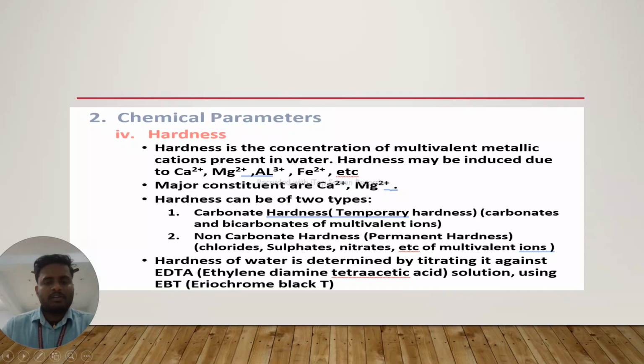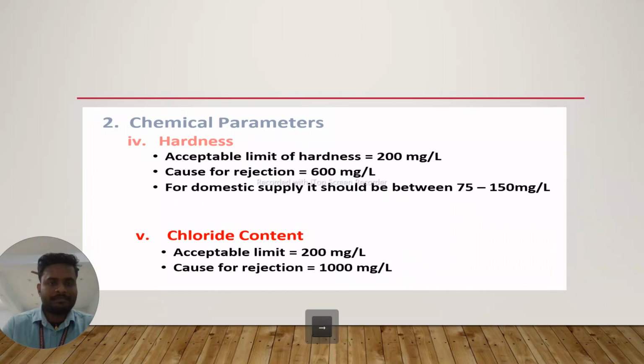Hardness of water is determined by titrating against EDTA. This is the most important. What is EDTA? EDTA is ethylene diamine tetraacetic acid solution, used with EBT, Eriochrome Black T.